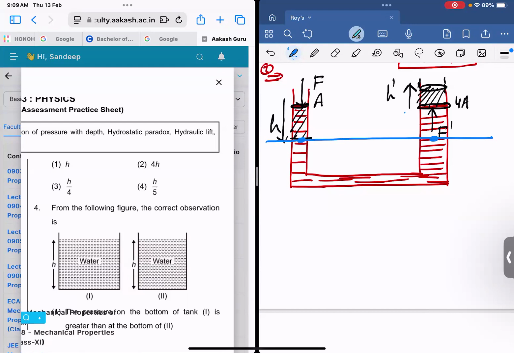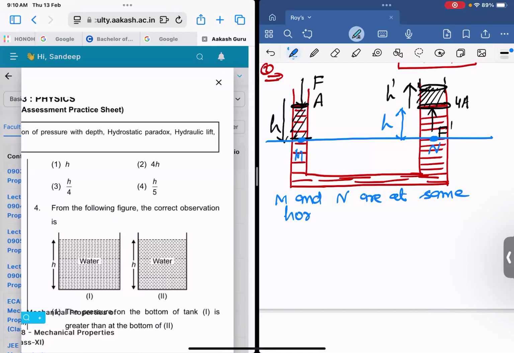So this part is H, and here this will also be H. With the same density, let's write this point as M and this point as N. M and N are at the same horizontal level.